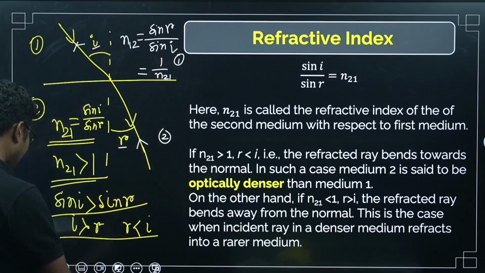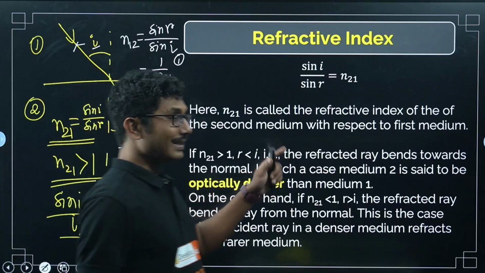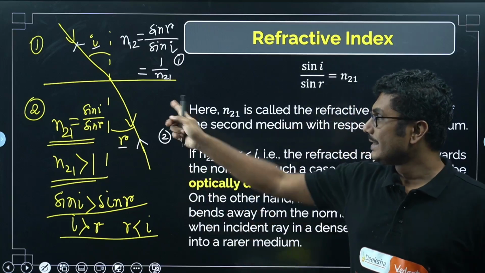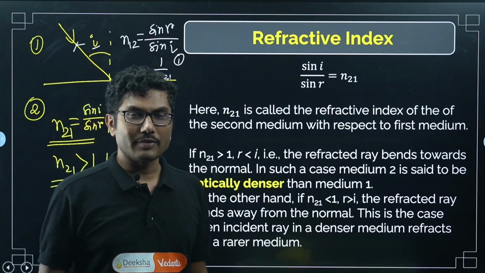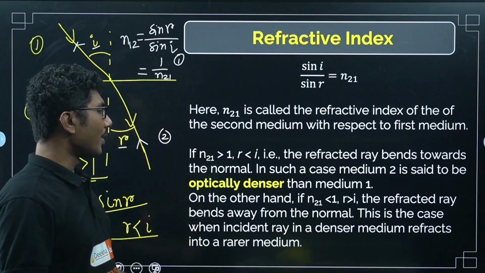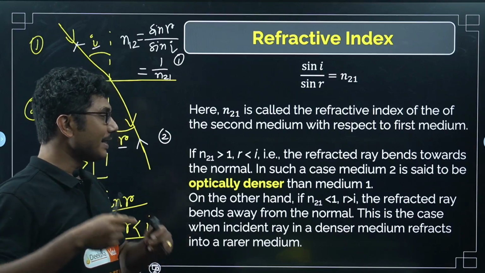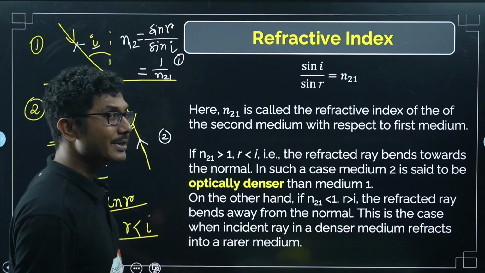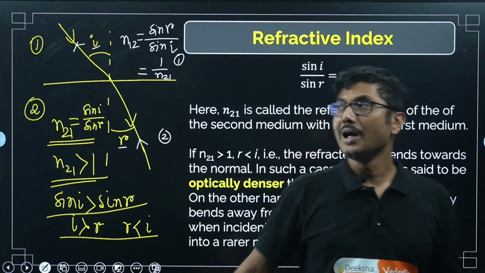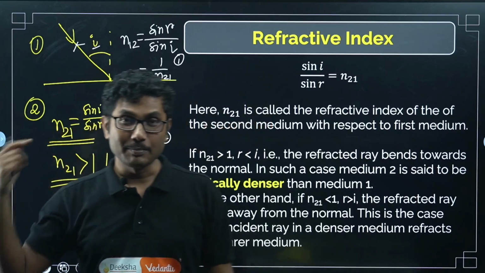In that case what happens is the angle of incidence is less than the angle of refraction, that is, the angle of refraction is more than that of the angle of incidence. So this is what happens when the incident ray in a denser medium refracts into a rarer medium. So from denser medium now the light ray is traveling to a rarer medium. So denser and rarer is a very important concept.